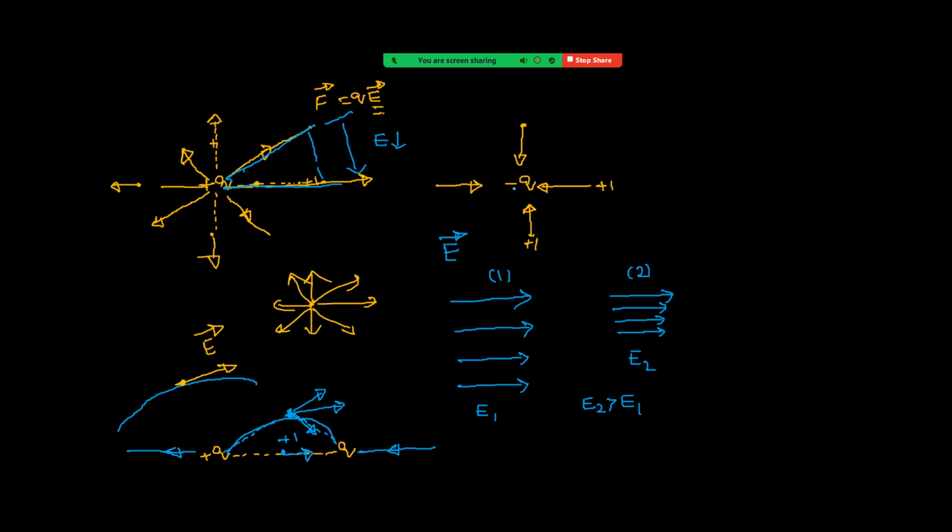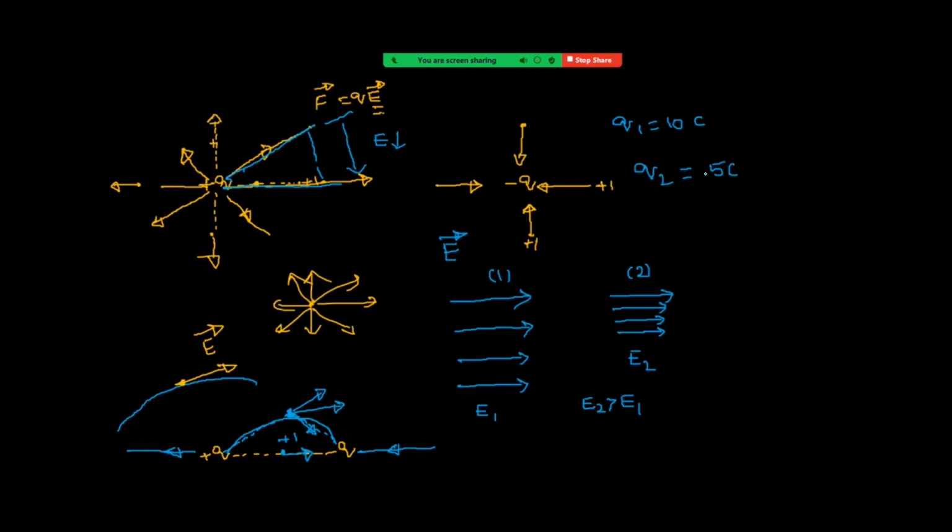And one more interesting point is, if the modulus of charge is more, then we have more number of field lines. For example, let us take one as 10 coulomb and the other as 5 coulomb.